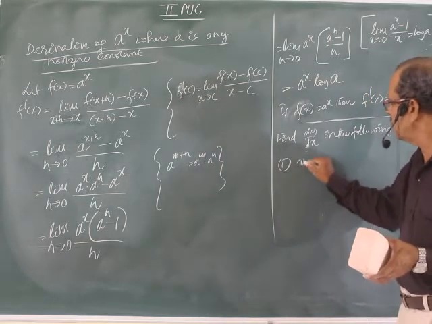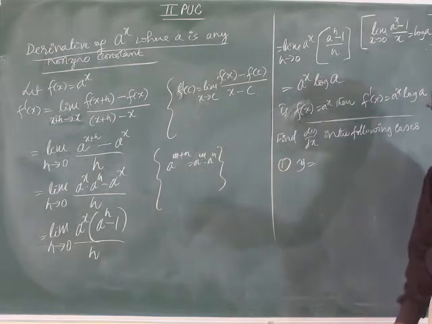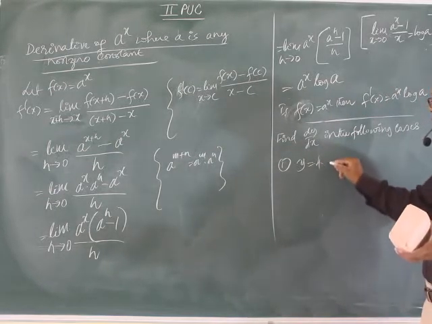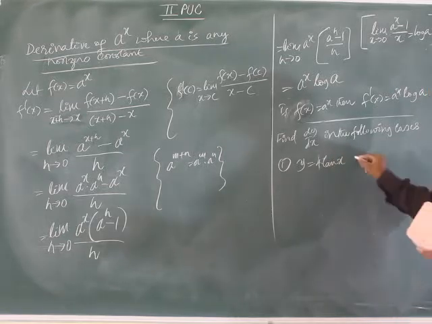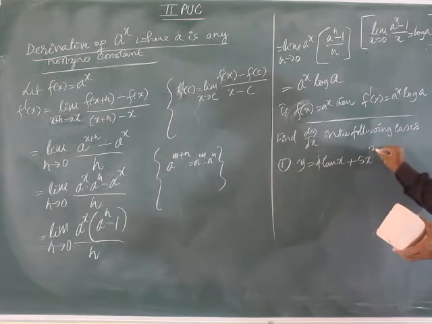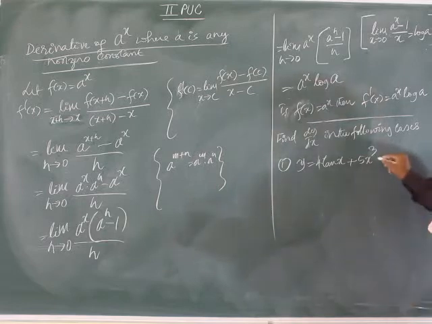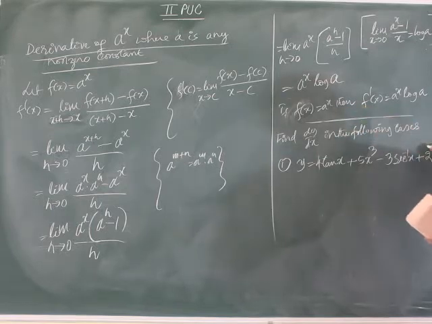First one is y equals 4 tan x, a trigonometric function, 5x cube, a polynomial function, 3 secant inverse x, an inverse function, plus 2 to the power x.